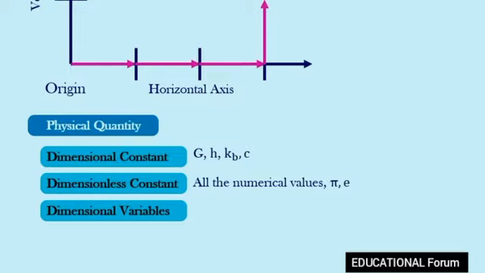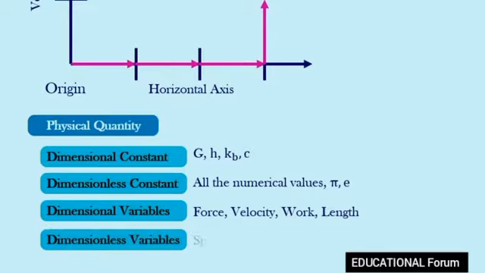Most of the physical quantities generally fall in this category, like displacement, acceleration, force, time, etc. Finally, dimensionless variables like specific gravity, strain, angle, etc.